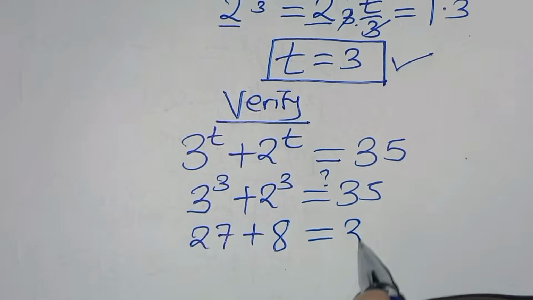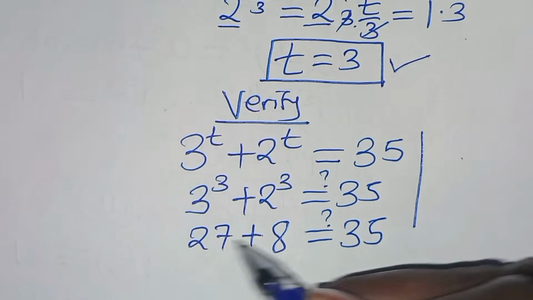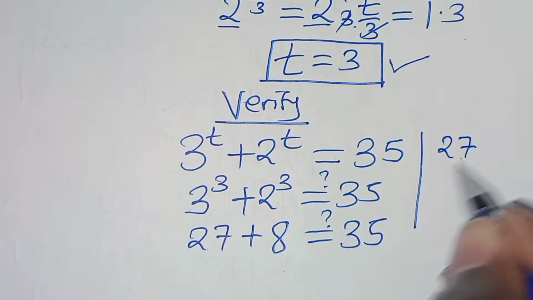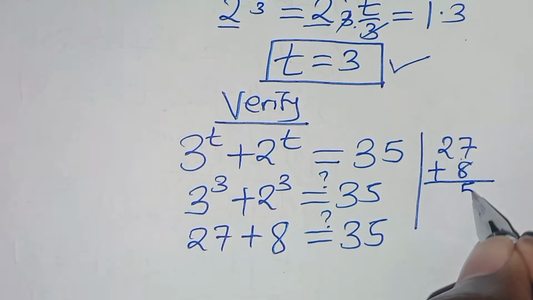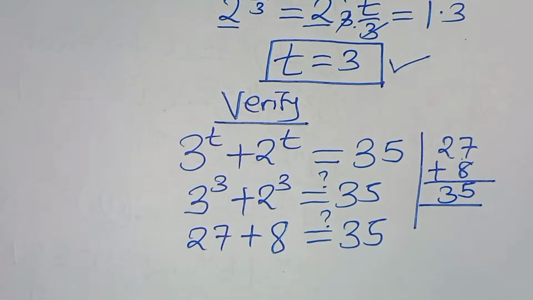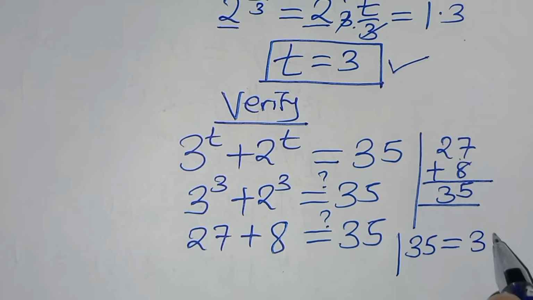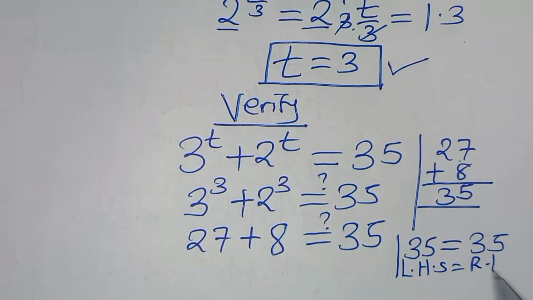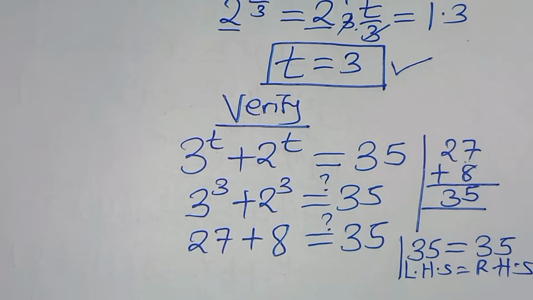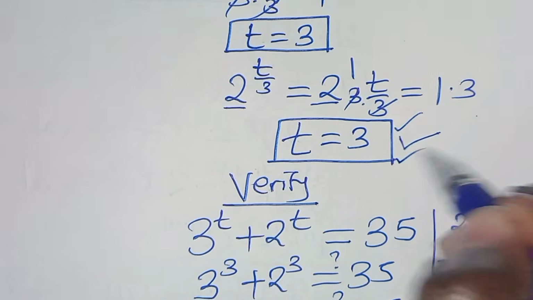So 27 plus 8 is equal to 35. So 35 on the left hand side is equal to 35 on the right hand side. This implies that t, which is equal to 3, satisfies the equation.